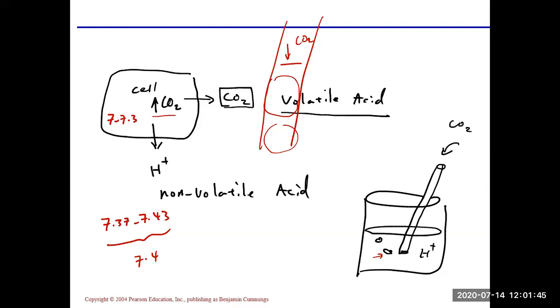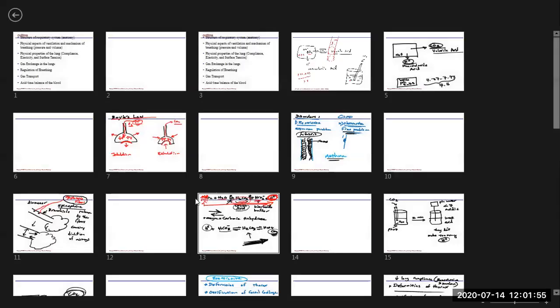So for that, you need to understand a very important equation. And that equation, if you recall, was as follows. Carbon dioxide combined with water gives you, by the way, this can go both ways, H2CO3, which is known as carbonic acid.